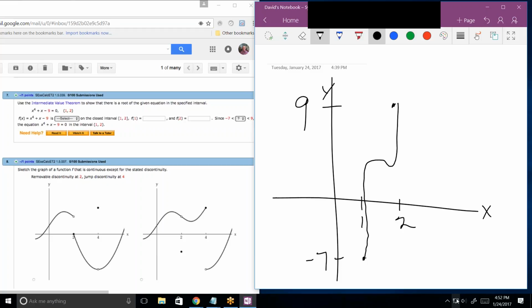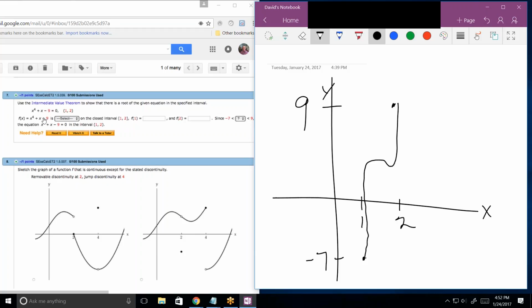Now, what the intermediate value theorem says is that if this is a continuous function, and it hasn't told us that it is, but I know that it is. If I were to graph that, it would be continuous. There's no points between 1 and 2 where x is not defined.